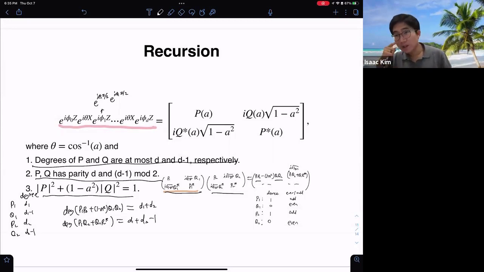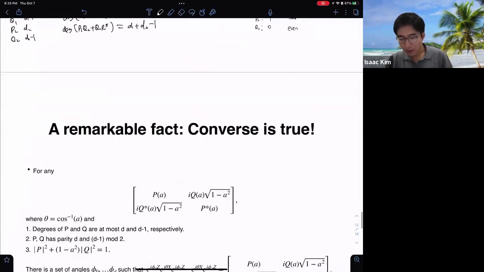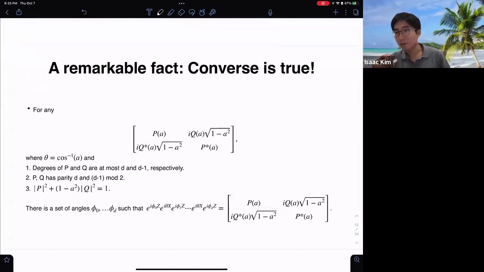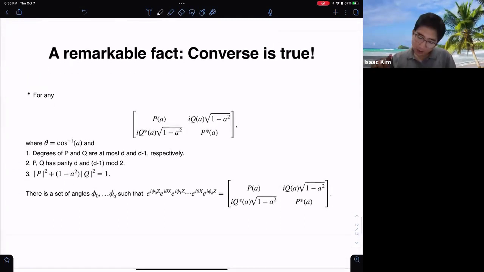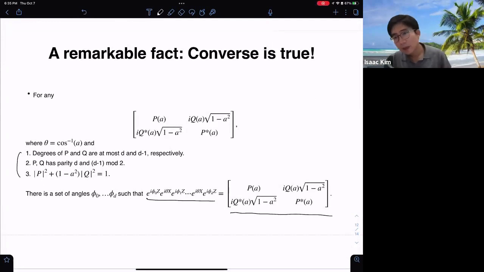Okay, so this seems like a very straightforward exercise, and it is, but a non-trivial fact is the following. What is not obvious is that the converse is true. So what we've shown is that if you have an operator of this form, it can always be written as this 2x2 matrix with polynomials P and Q, which satisfies these 3 conditions.